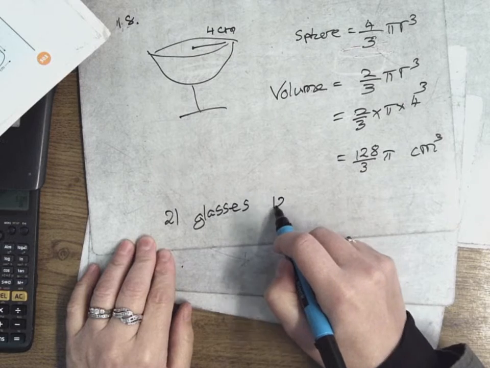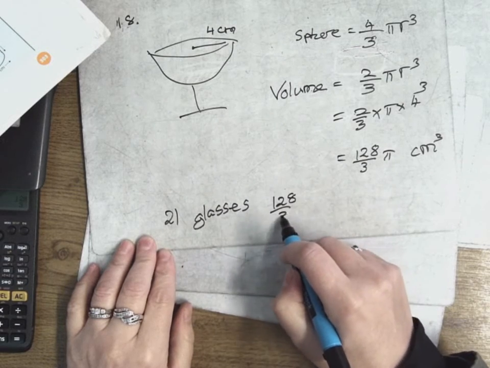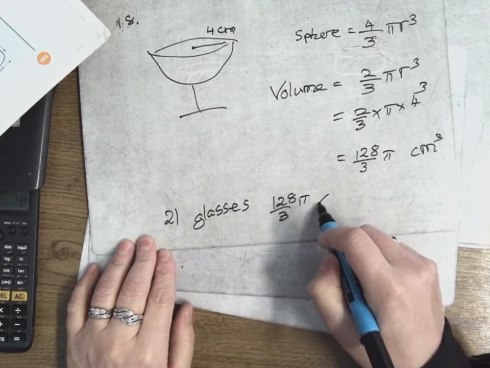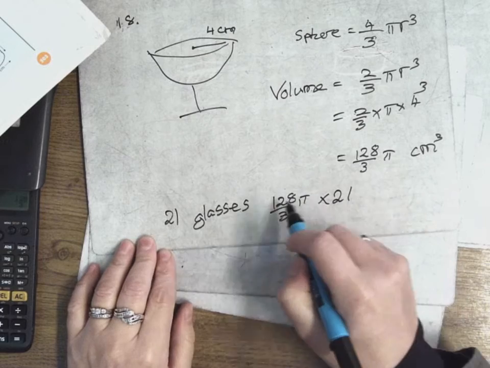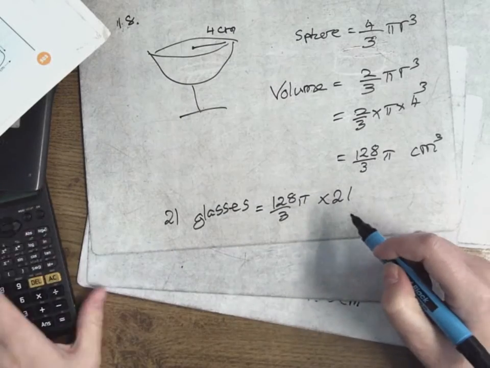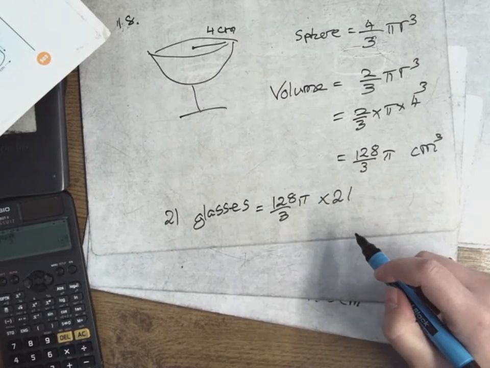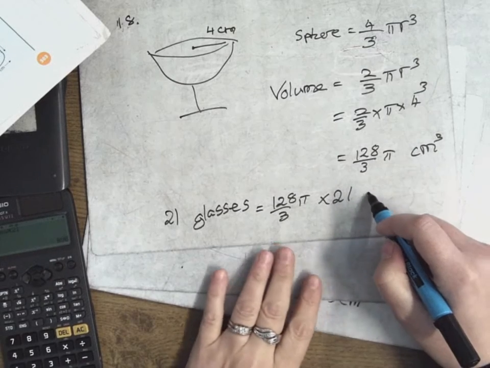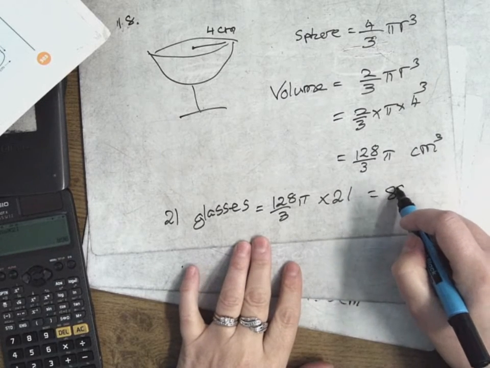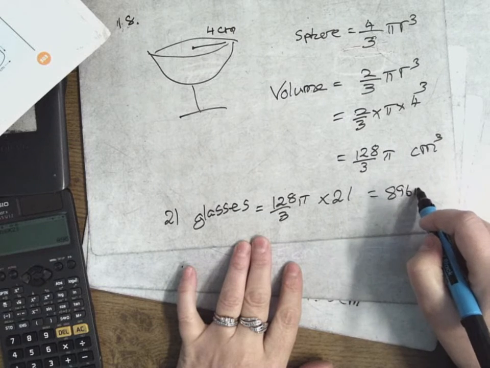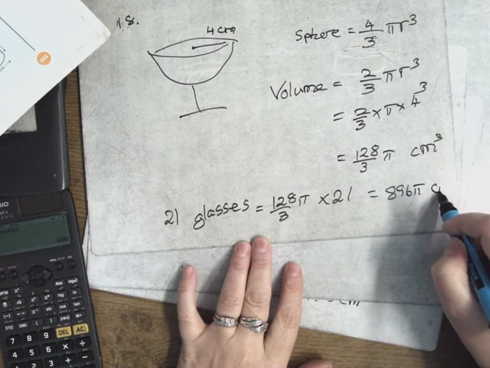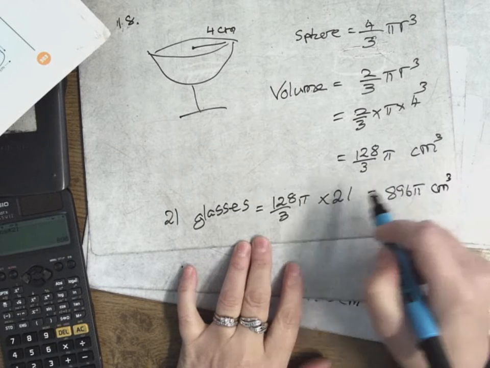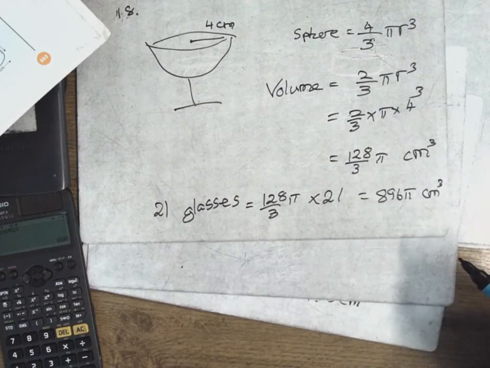So 128 over 3 pi multiplied by 21 equals 896 pi cm cubed of wine. So if you had 21 glasses, that's how much wine you'd have.